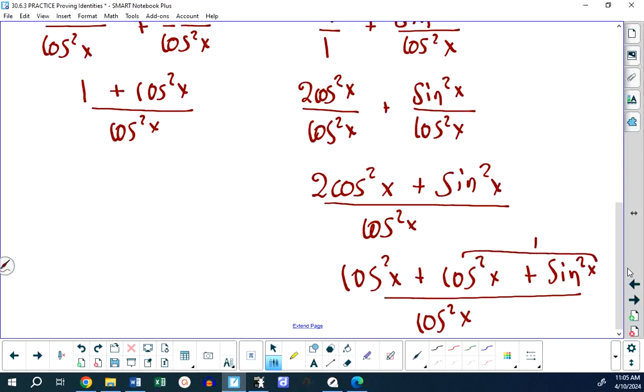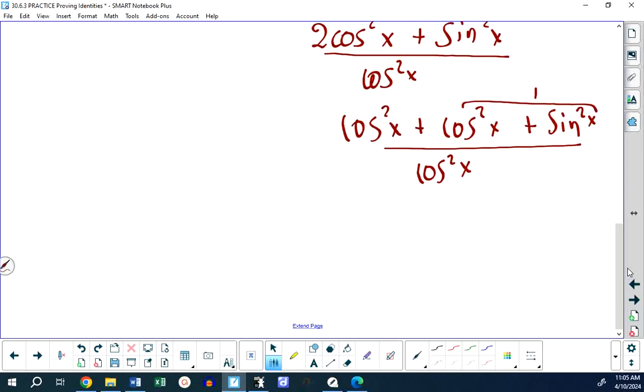So the top becomes cos squared x plus 1, and it's over cos squared x, and that's what we have on the other side. I mentioned this morning in Sabre support. Whether I write here cos squared x plus 1 over cos squared x or 1 plus cos squared x over cos squared x, doesn't matter. Is that helpful? Okay. Other questions?